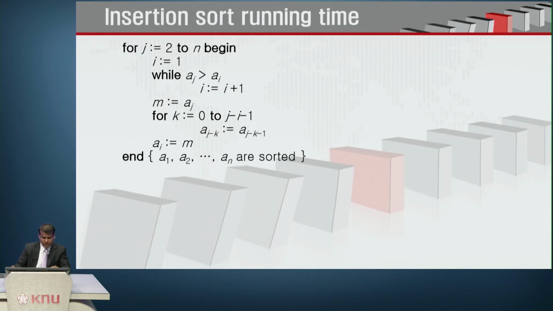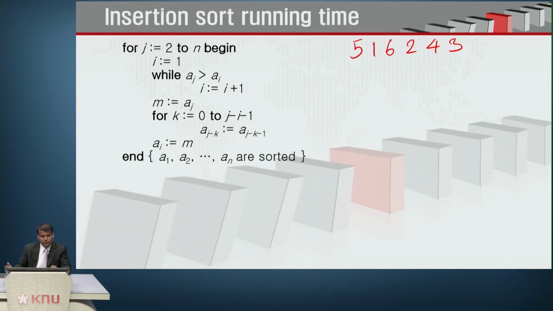Say for example, let's look at this example again, similar to the one we have seen earlier: 5 1 6 2 4 3. If this is given to us, and initially we compare 5 and 1, we know that 5 is greater than 1.